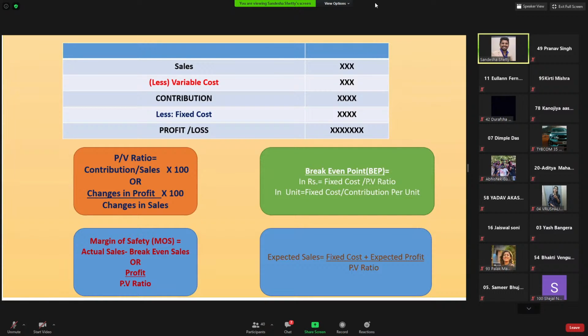अगर सबका लिख के हो गया तो प्लीज टेल मी इन द चैट, डन करके बोल दो. So please tell me in the chat done, so that I can go for the practical part. I will start the practical part.